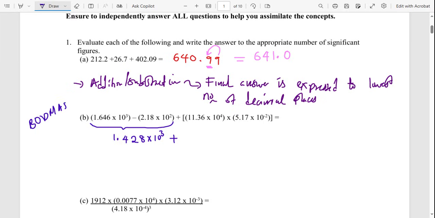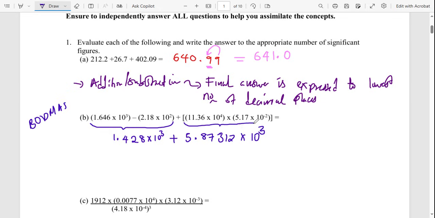So that is 11.36 times 10 to the power 4 multiplied by 5.17 times 10 to the power negative 2. And that one has given me 5.87312 times 10 to the power 3.